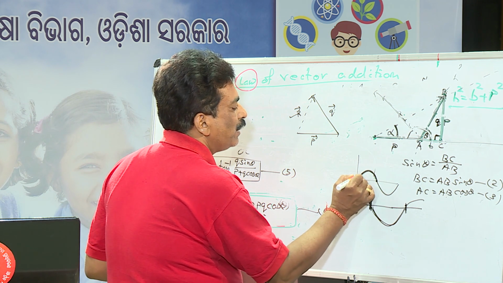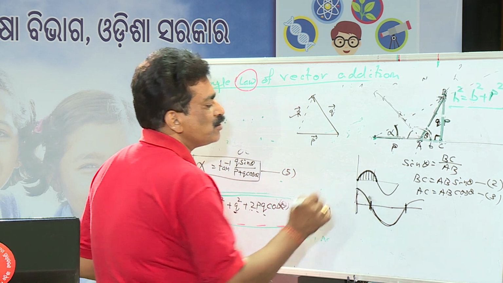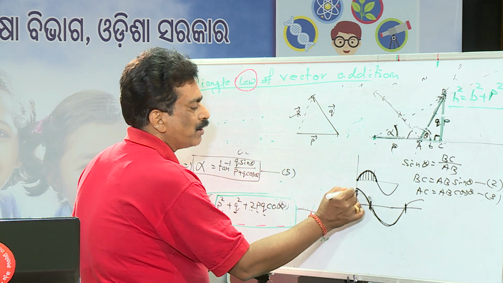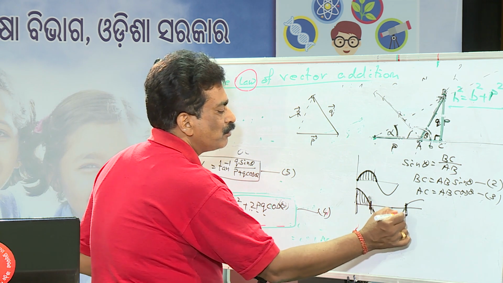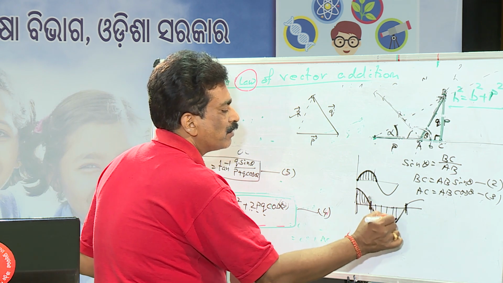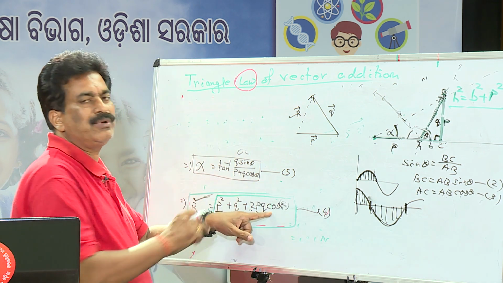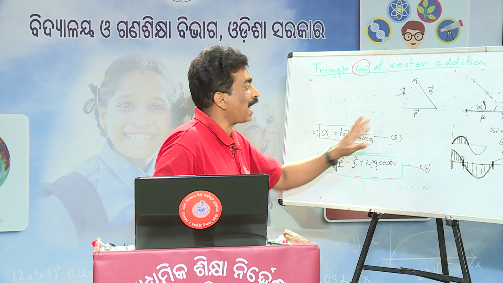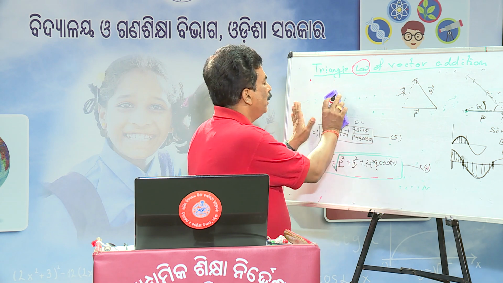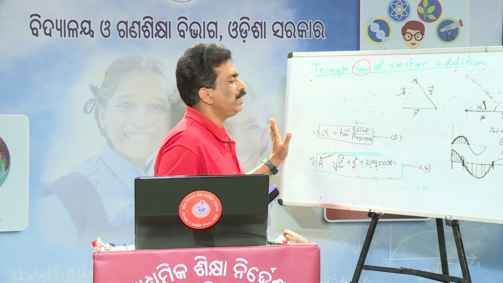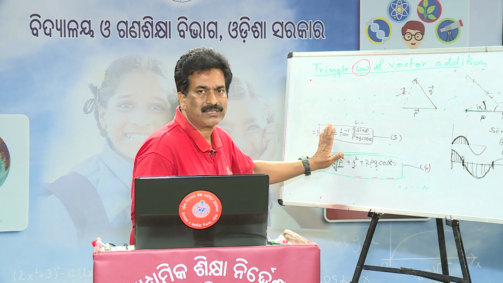From 0 to 180, the sin value is always plus, but for cos, from 0 to 90 the value is plus, and from 90 to 270 the cos value is minus. So, here the cos value will be different. Therefore, the r will not remain the same here. Okay. Are you clear about the resultant, its magnitude and direction?